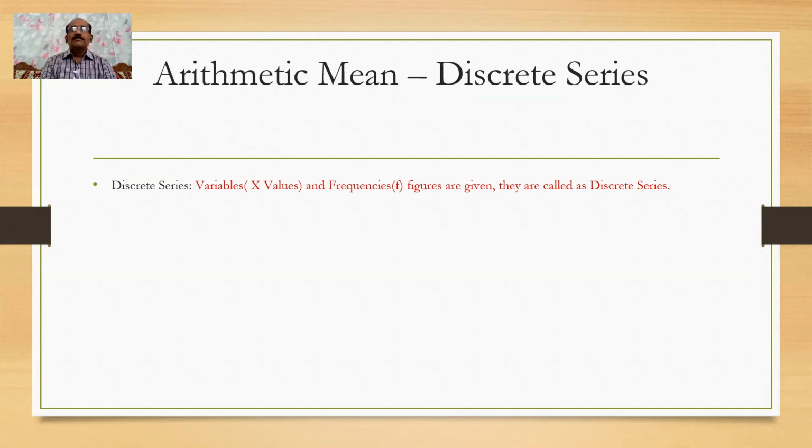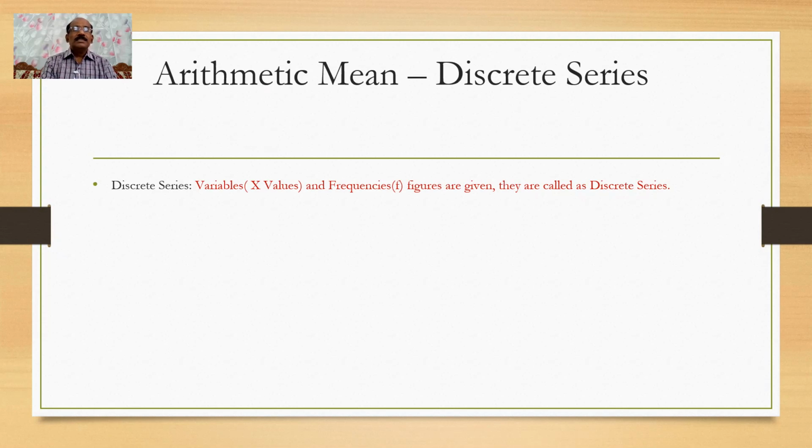In case of individual series, only x variables are there. We can say that the problem is in individual series when only x values are available. Second is the discrete series.